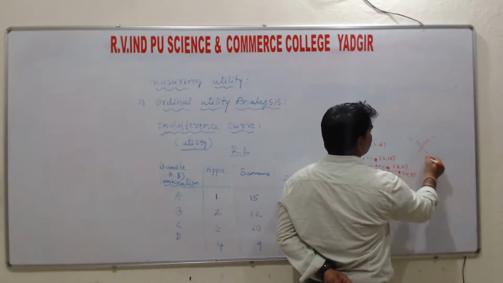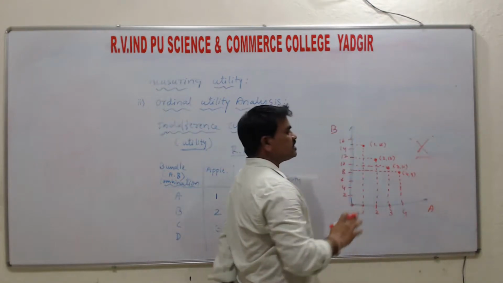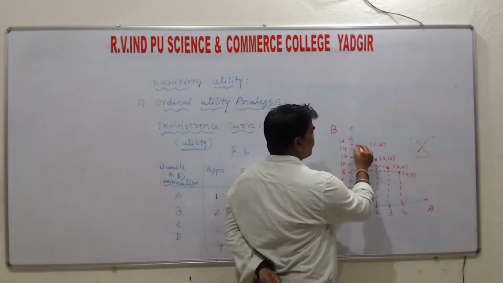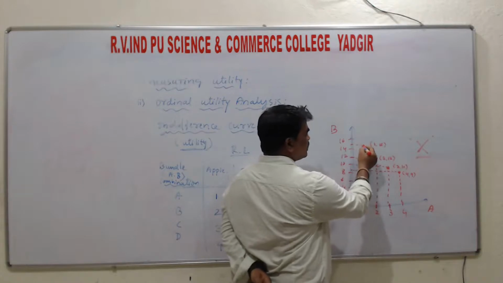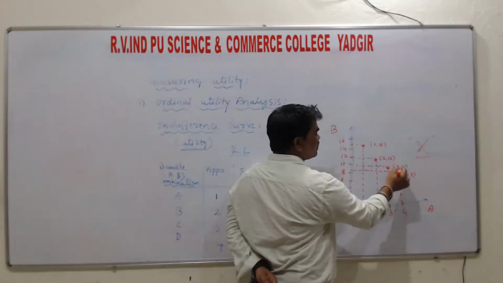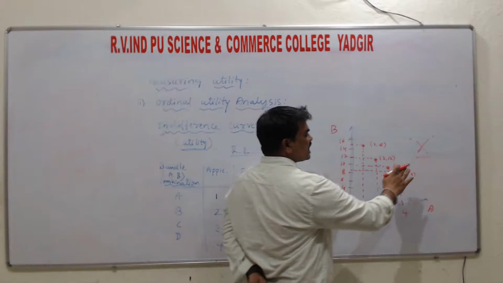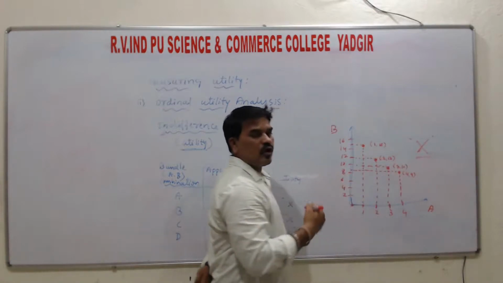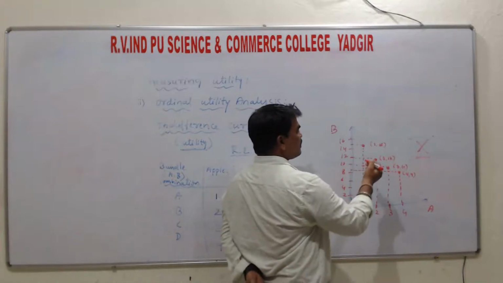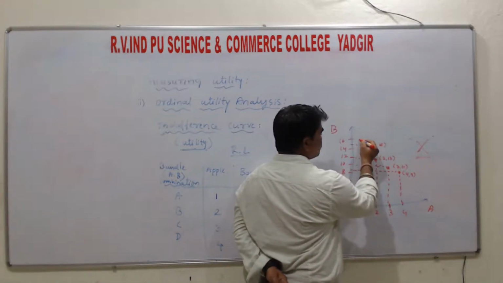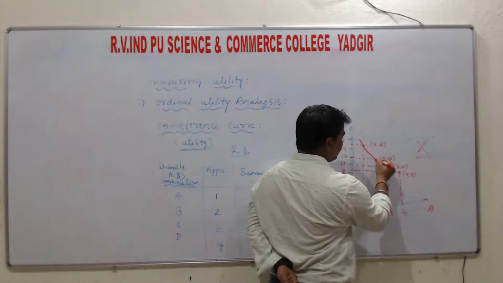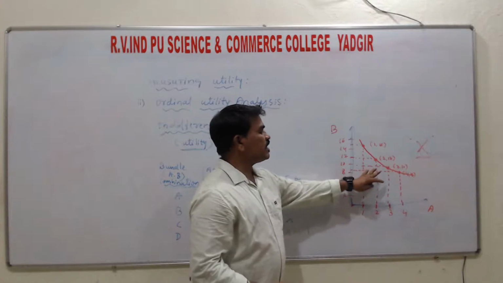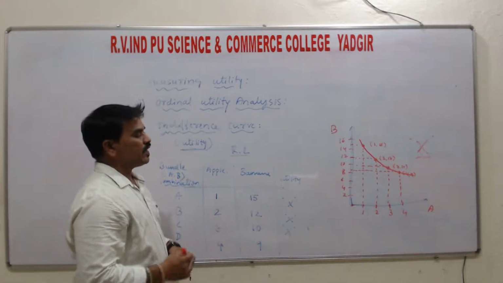We can say X. If we go with this combination, in all these points, his satisfaction level remains the same. To keep his satisfaction level the same, what are the different combinations we can select, having our resources limited? So we will get a curve like this. This curve we'll call the indifference curve.